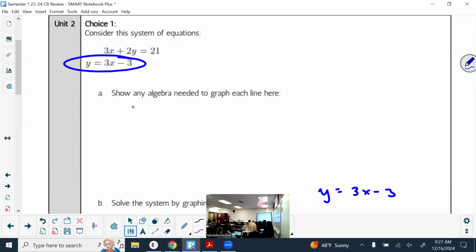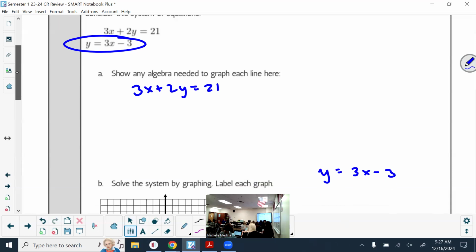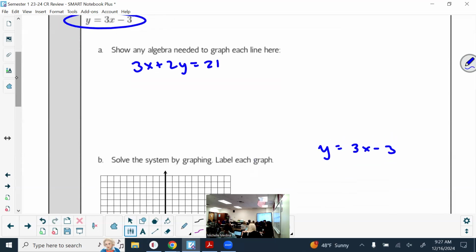The other one is not. So when it says show any algebra needed to graph each line, that would be you putting it into slope-intercept form. What is alone in slope-intercept form? The y.